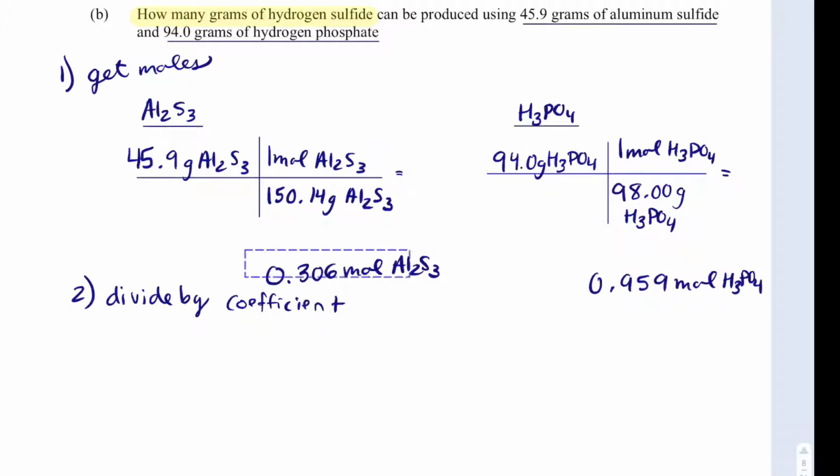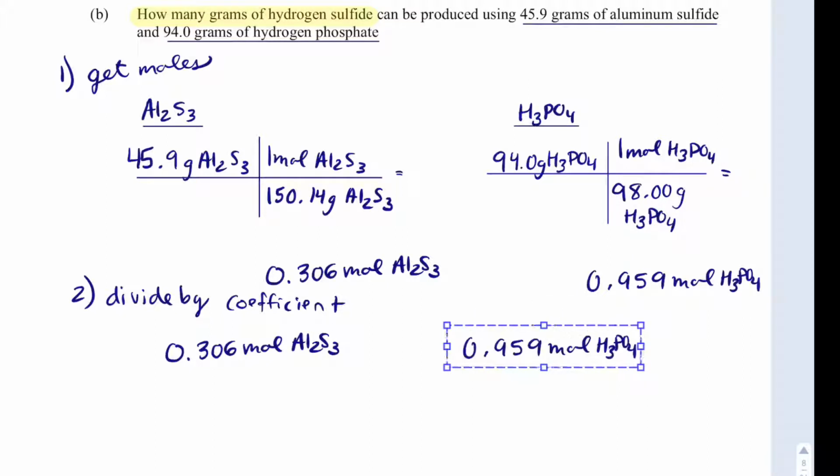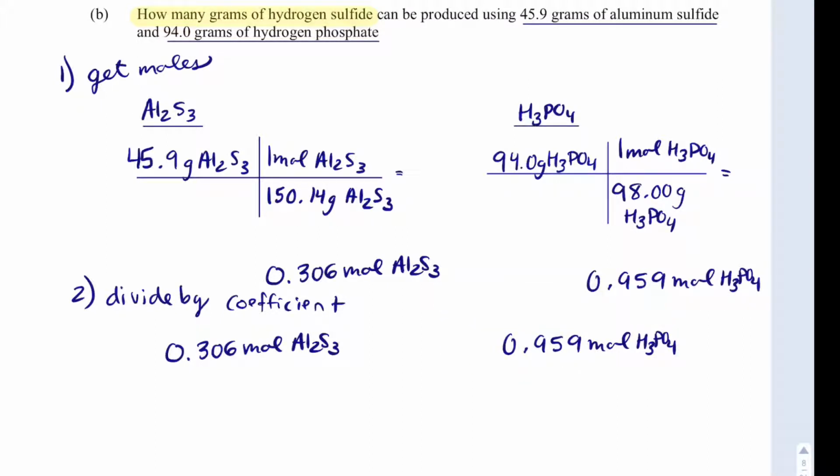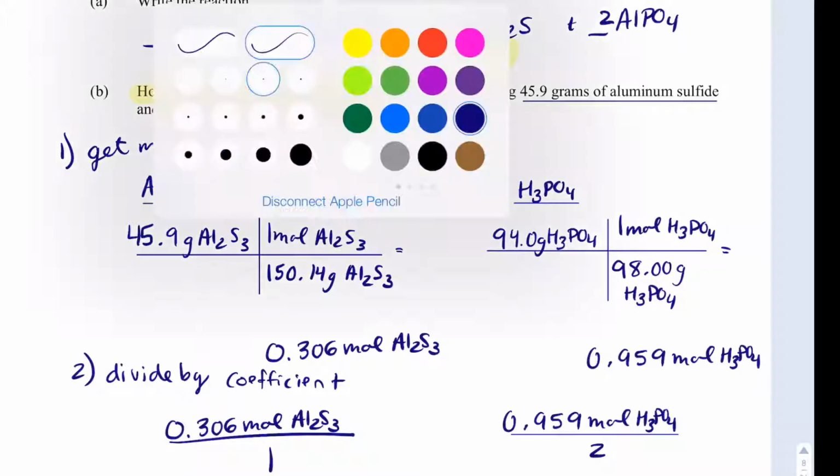So what I can do is I can move my moles and copy those down here. And I can divide them by their coefficients. Aluminum sulfide will be divided by 1. Hydrogen phosphate will be divided by 2.